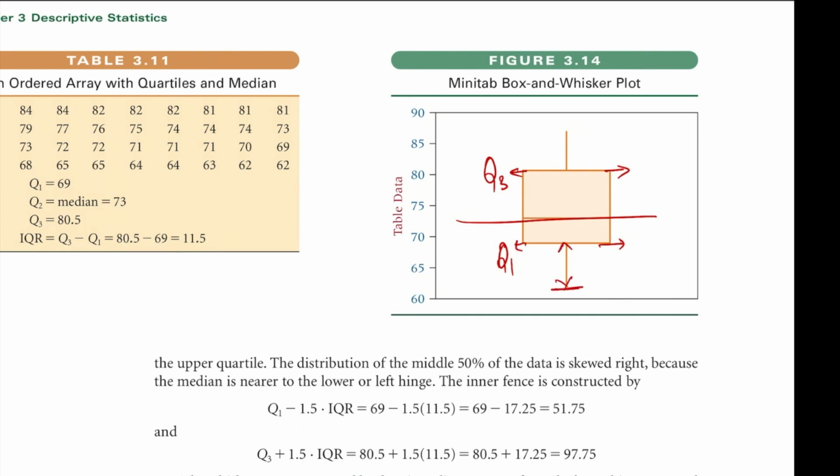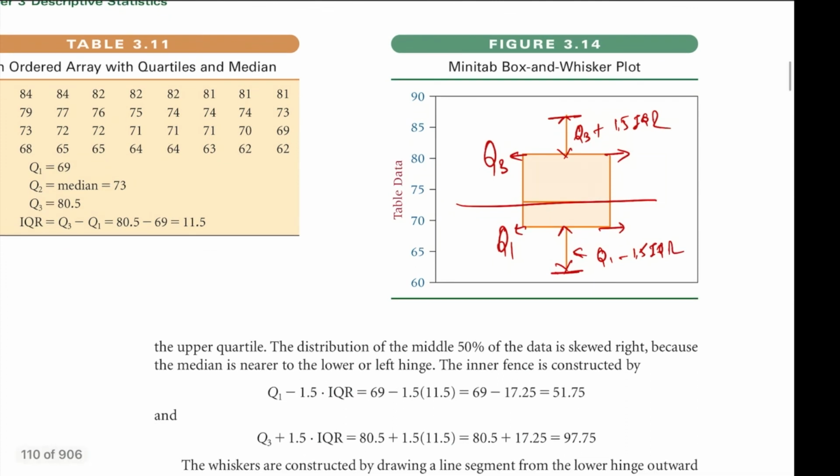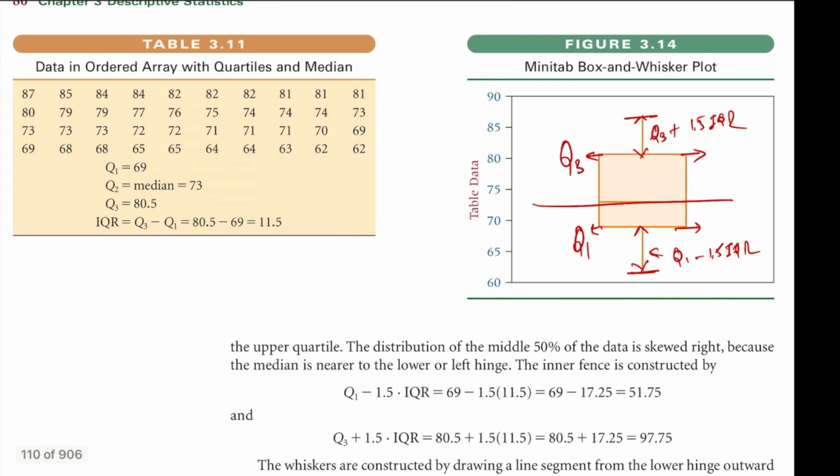This is your inner fence towards Q3, Q3 plus 1.5 times IQR, and this is your Q1 minus 1.5 times IQR. That's how the box plot will look in any programming language.